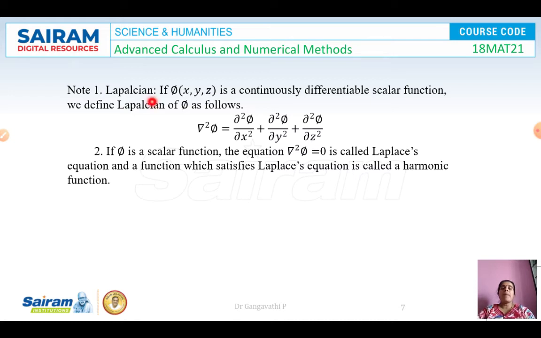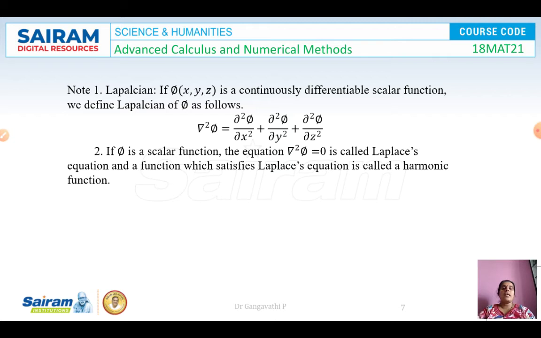Now, Laplacian. Laplacian is nothing but del square operating on a scalar function. So if phi of x, y, z is a continuously differentiable scalar function, then Laplacian of phi is represented as del square phi, and it is defined as dou square phi by dou x square plus dou square phi by dou y square plus dou square phi by dou z square.